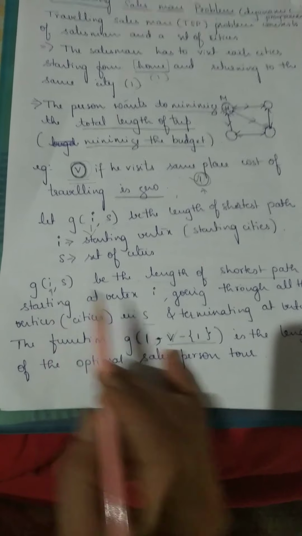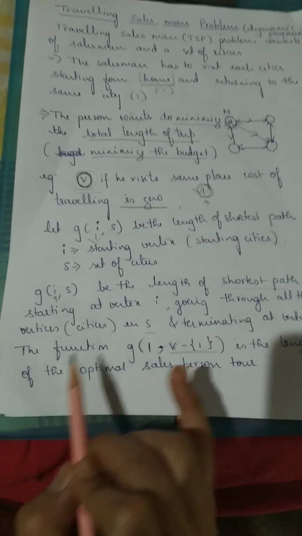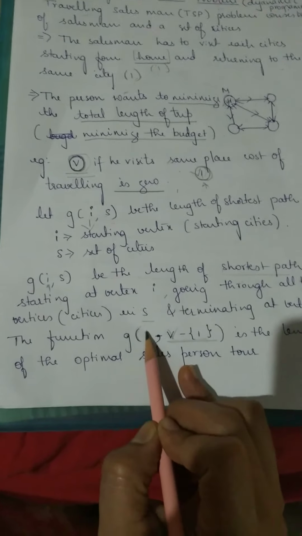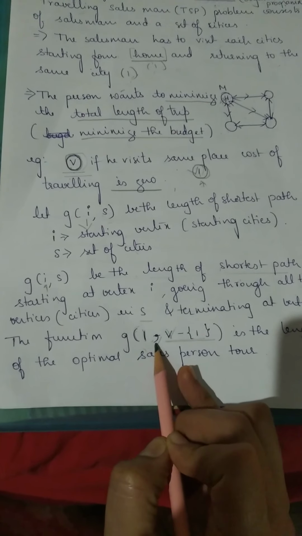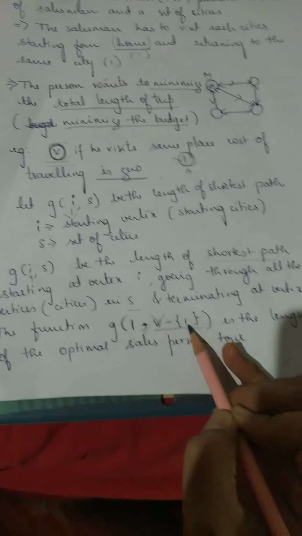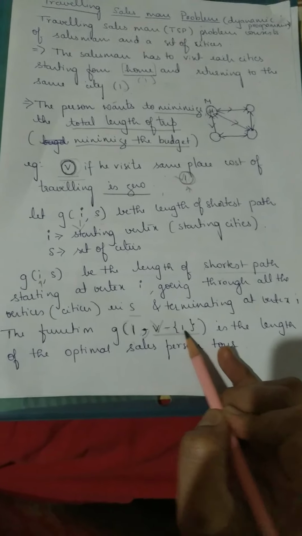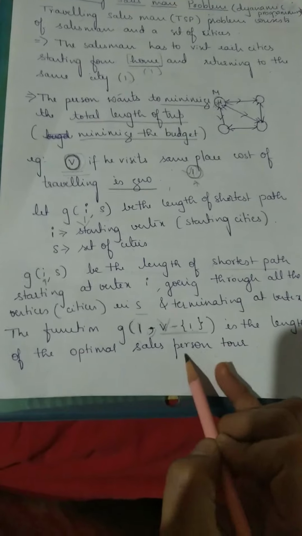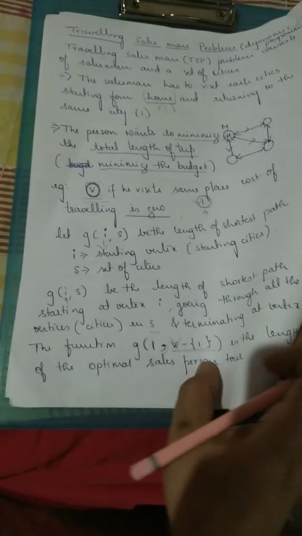If I take I as 1, then I can write the same function as G of starting city 1, comma, the set of cities V minus the starting city, which will be the length of the optimal salesperson tour.